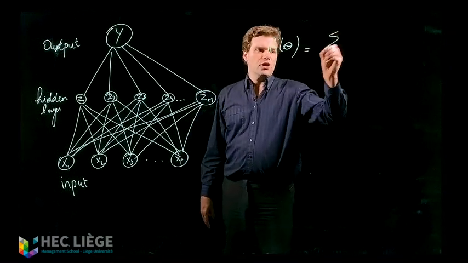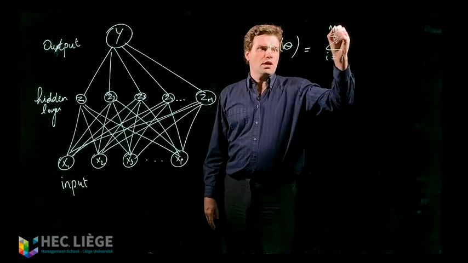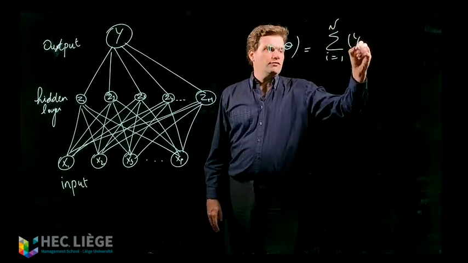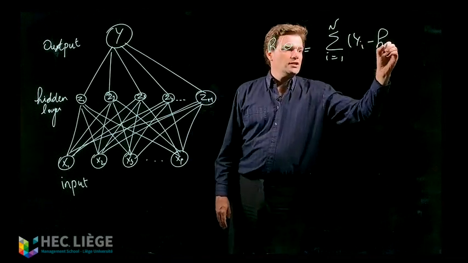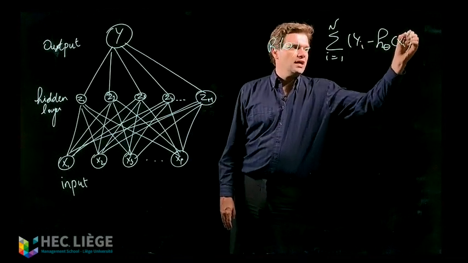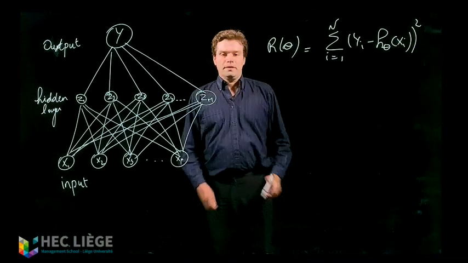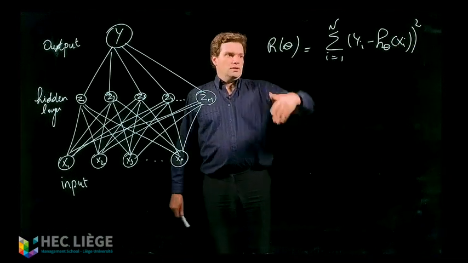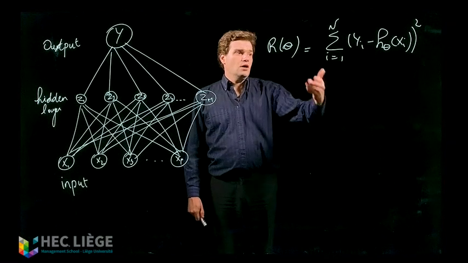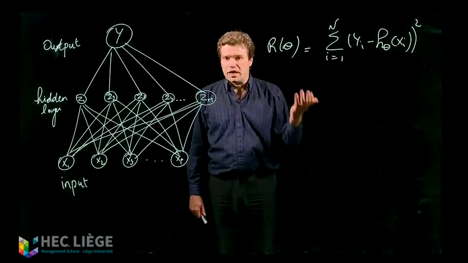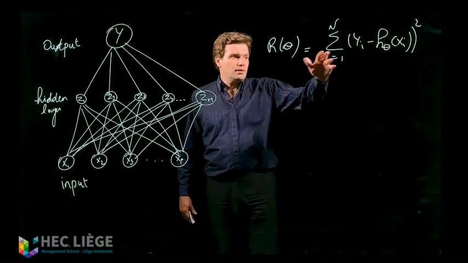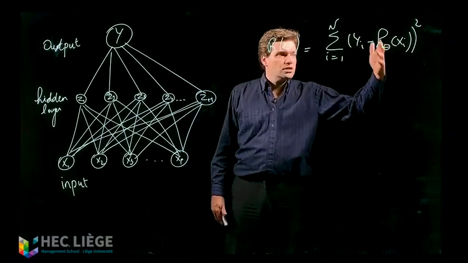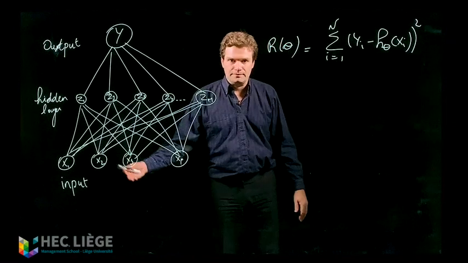We have a sum i equals 1 up to capital N of y_i, the output, minus h theta of x_i, all squared. This is a sum of residuals that you always have in multiple regression. Here we simply have a vector theta which can be very large due to this.